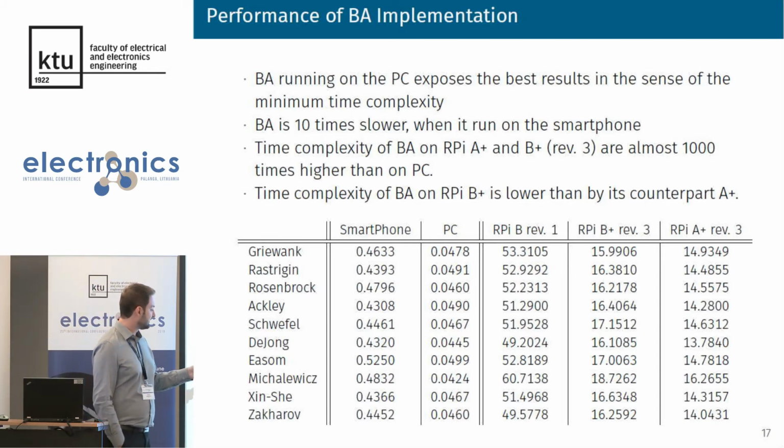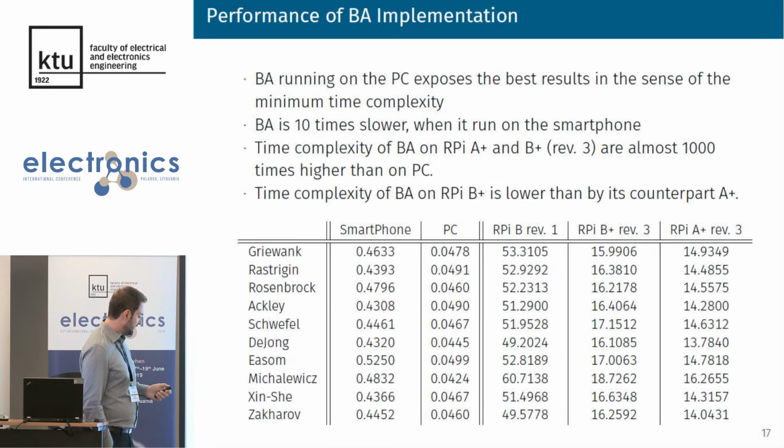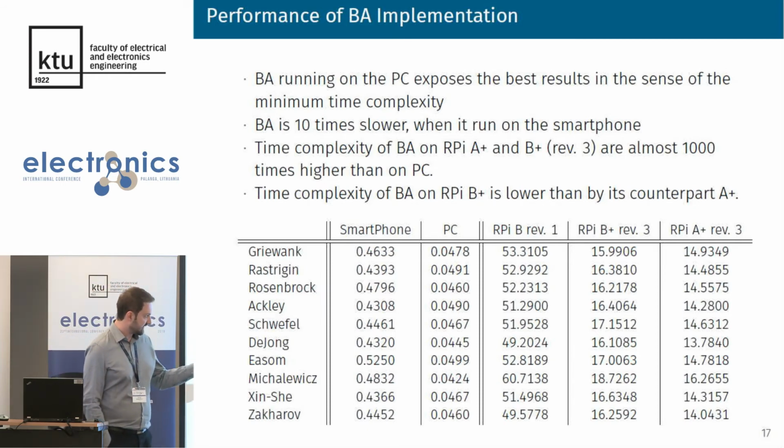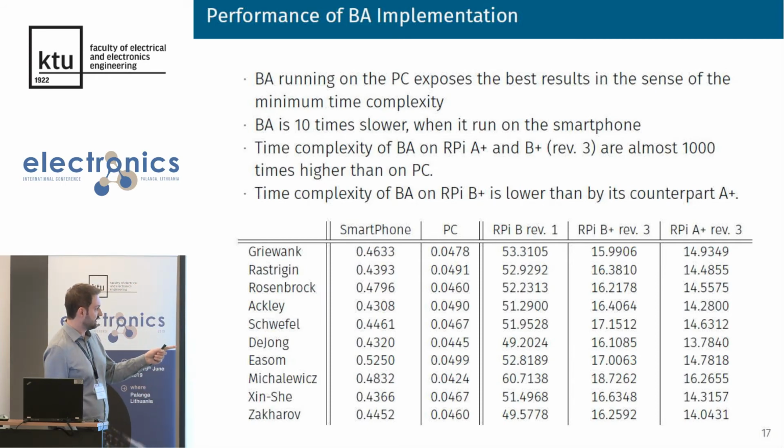But most importantly, comparing the Raspberry Pi revision 3 B plus and A plus, we can see that A plus, even though it has less memory than B plus, performs better than the Raspberry Pi Model B, which has 1 gigabyte of RAM.